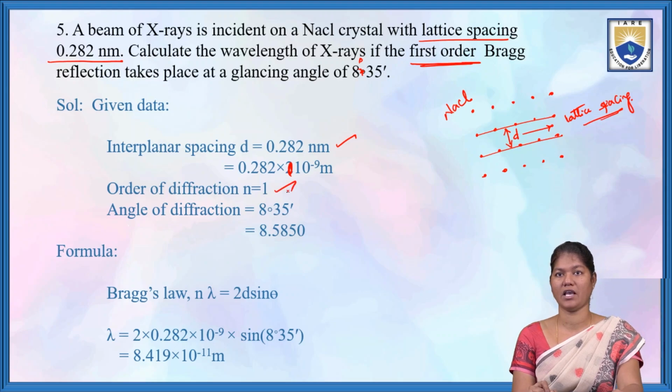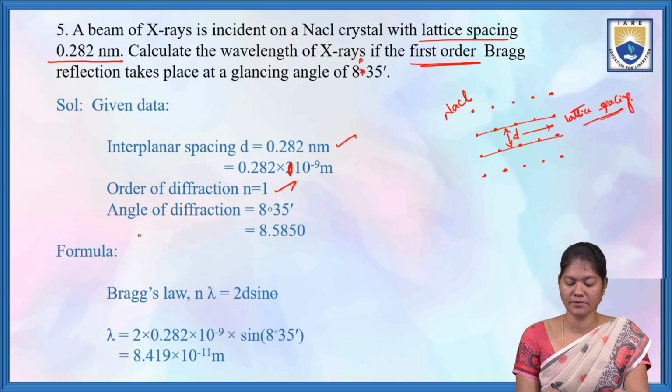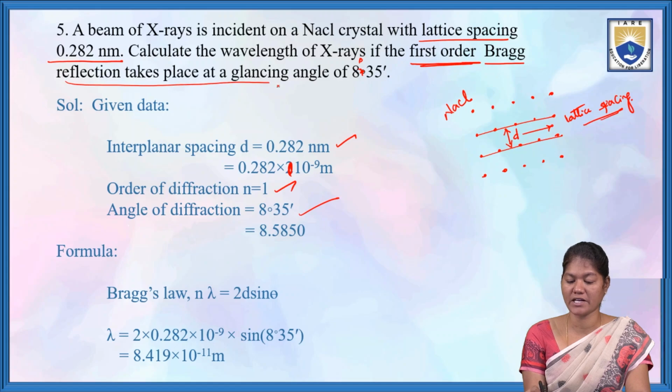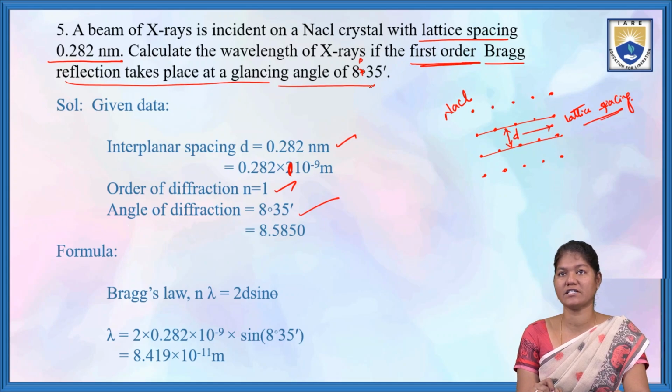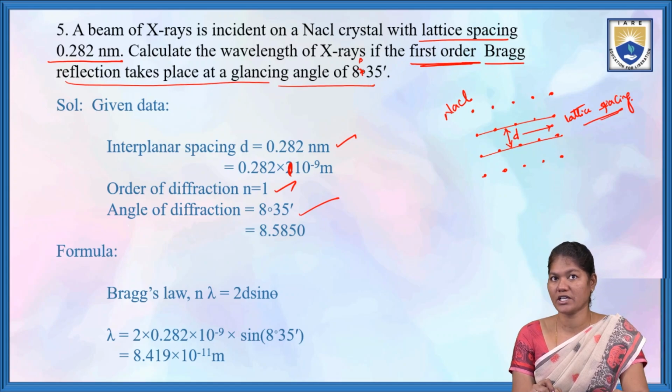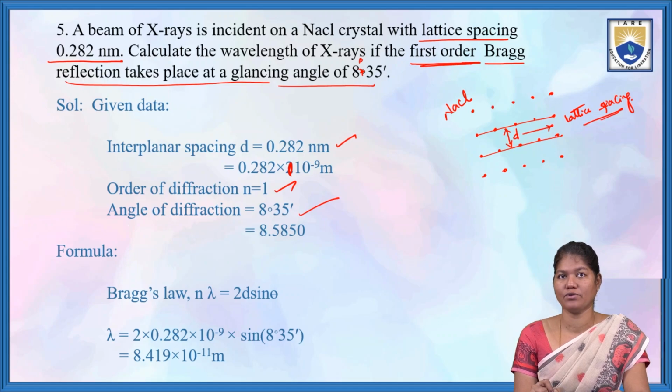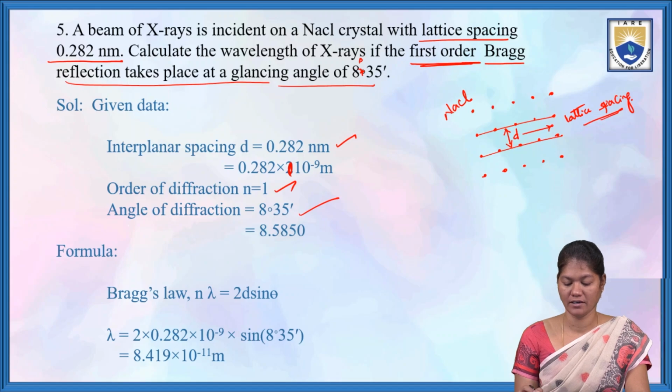Bragg's reflection takes place at a glancing angle of 8 degrees 35 minutes, so theta is 8 degrees 35 minutes.